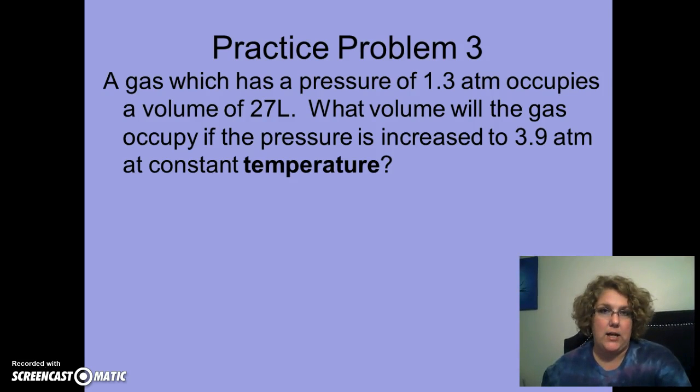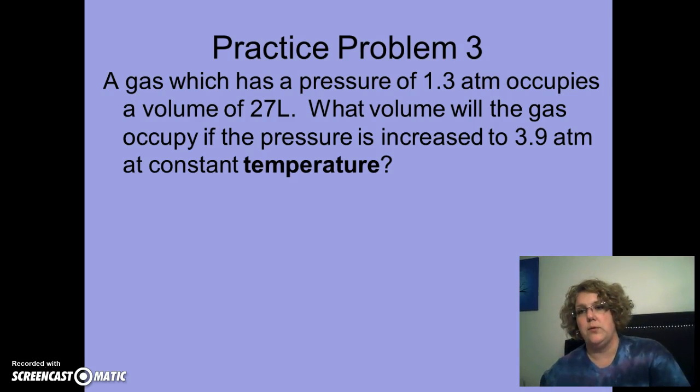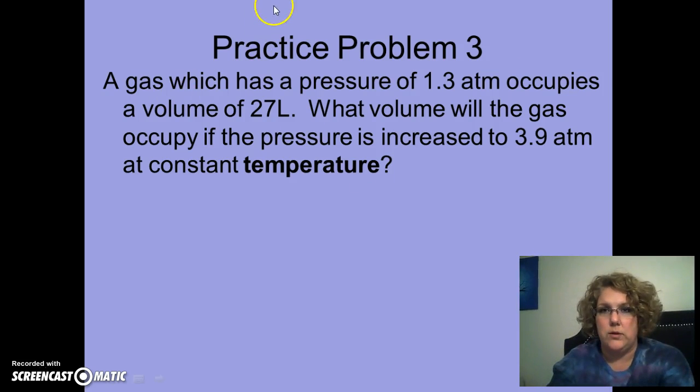Same thing here. A gas which has a pressure of 1.3 atm occupies a volume of 27 liters. What volume will it have if the pressure is increased to 3.9 atm at constant temperature? So in this one, we are tripling the pressure. Okay, what's going to happen to the volume?